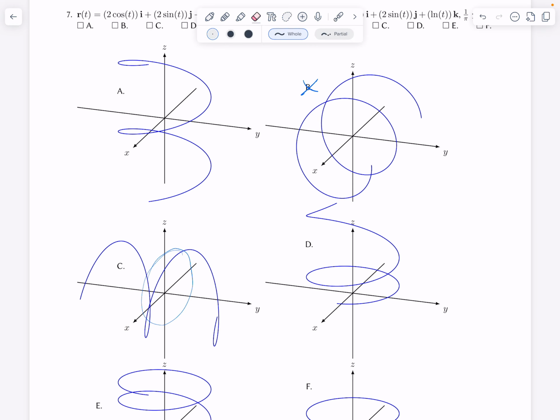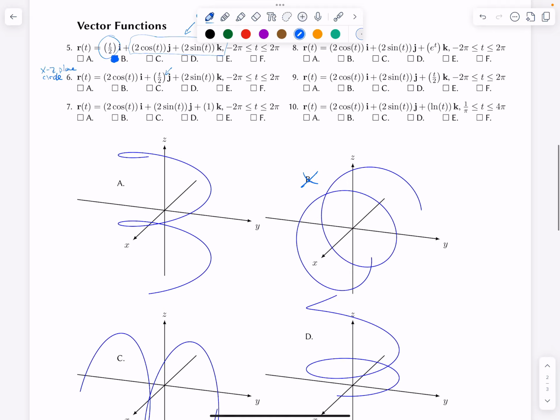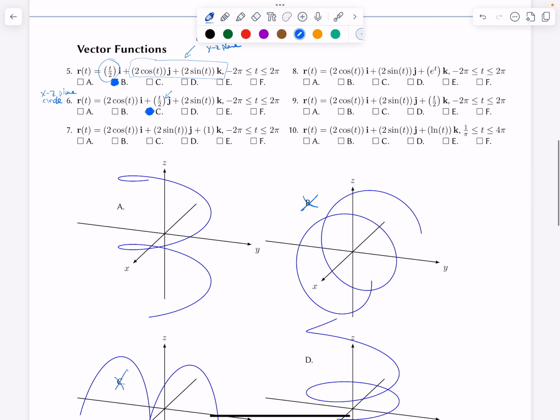That gives you this clue. And then the y variable, you're continually moving this direction. This circle is kind of unspooling in that way. So that's going to be letter C. Let me go hunt up there's one more like this, I believe. It's number 9.